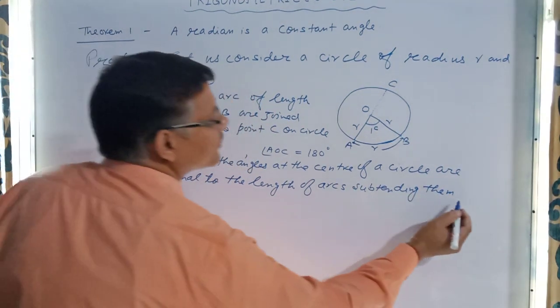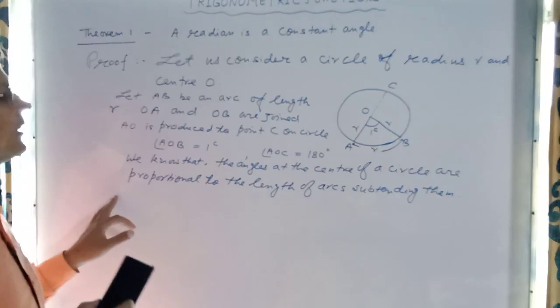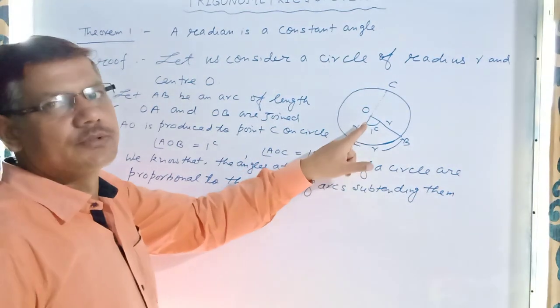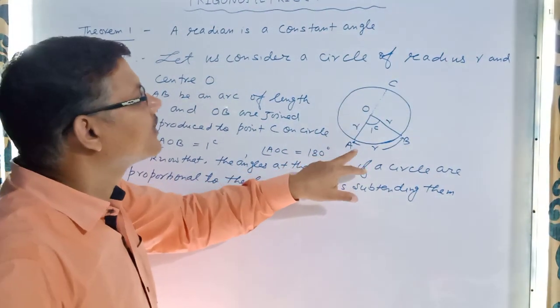This is a property of class 9. The angles at the center are proportional to the length of arcs subtending them.